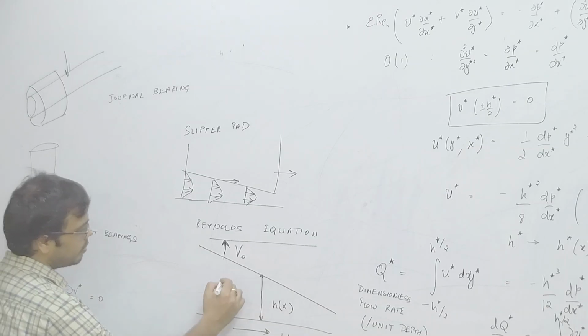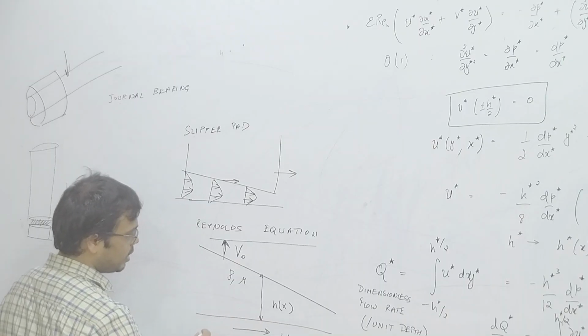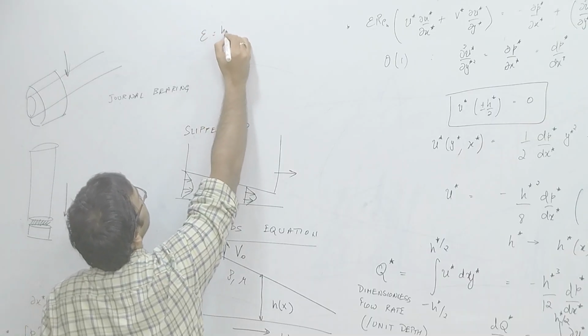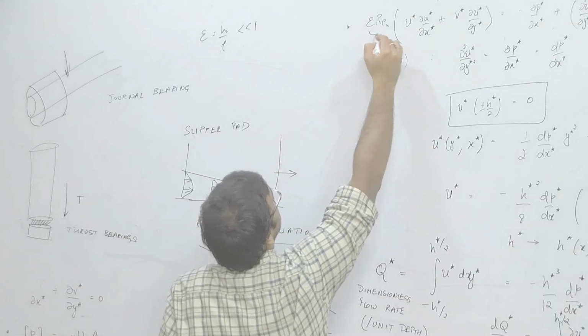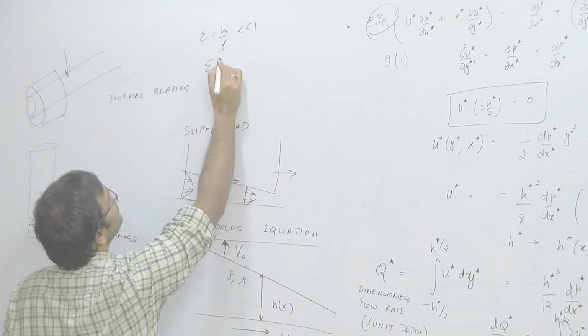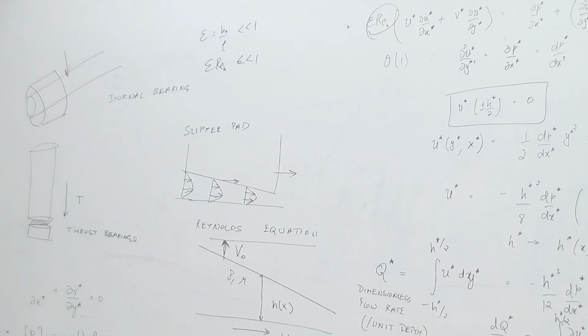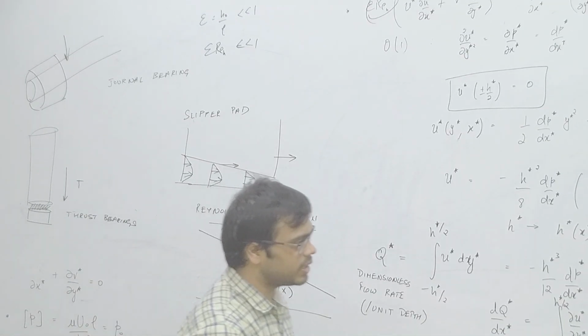There is rho, mu, and all the lubrication assumptions hold. So epsilon, which is h naught over L, is much less than 1, and epsilon times Re_h is also much less than 1. Within these two conditions, how can we determine the pressure inside this flow?